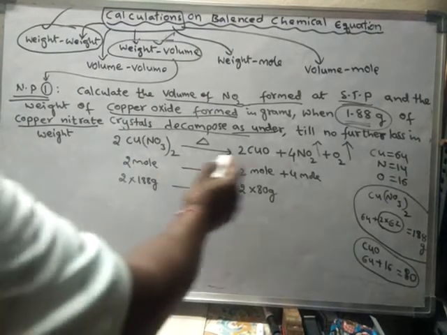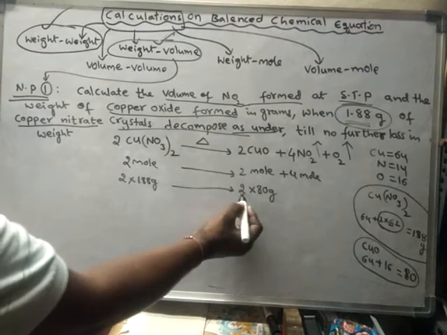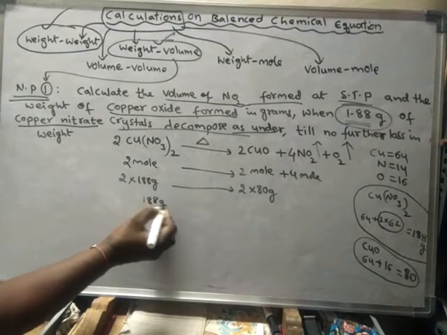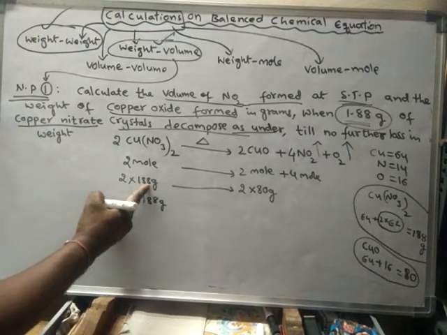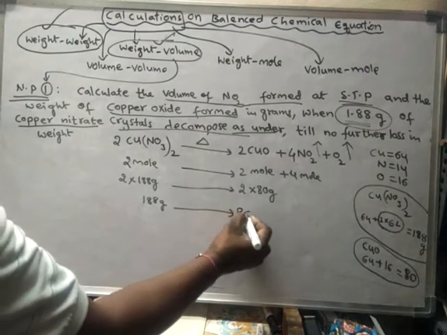According to the balanced chemical equation, every 2 into 188 grams will produce 2 into 80 grams. So if 2 into 188 produces 2 into 80, then 188 will produce 80 grams.